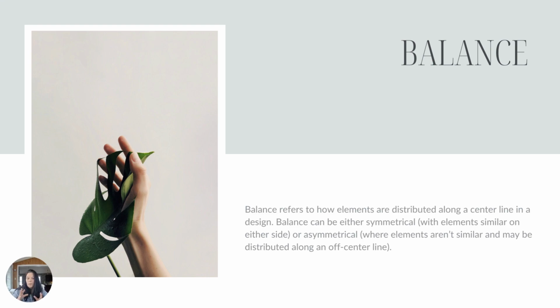So you have either symmetrical, which is going to be easier to achieve if you're a new designer, than asymmetrical. But they both run off of the horizontal and the vertical line. So there still has to be a flow that occurs, even if things are off balance, like in an asymmetrical way. They're still going to be distributed evenly and correctly.